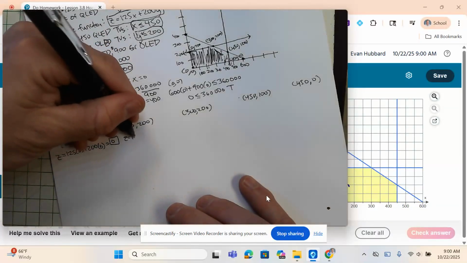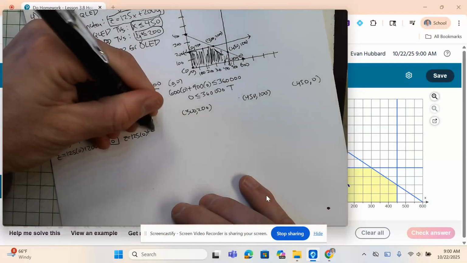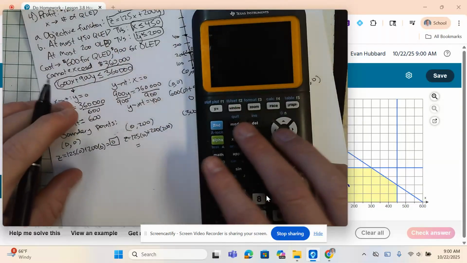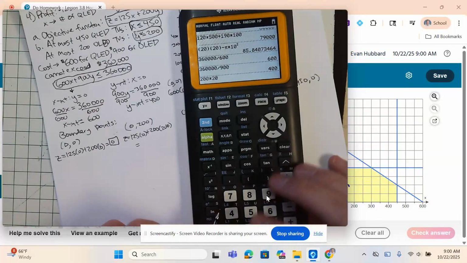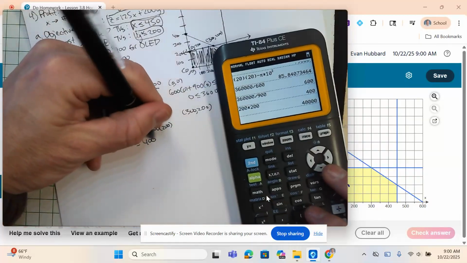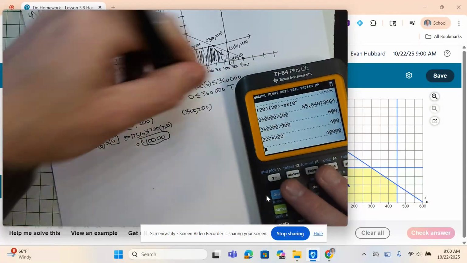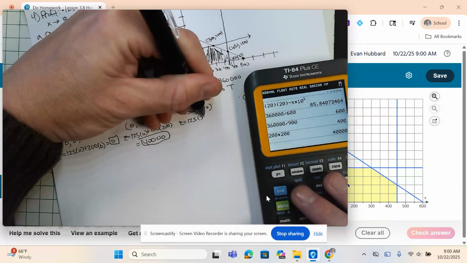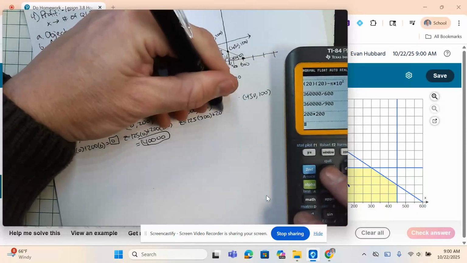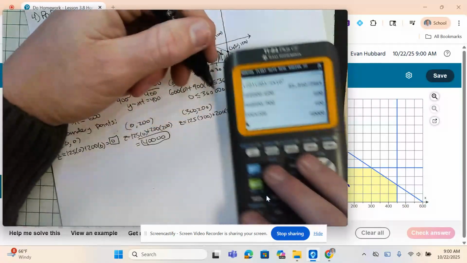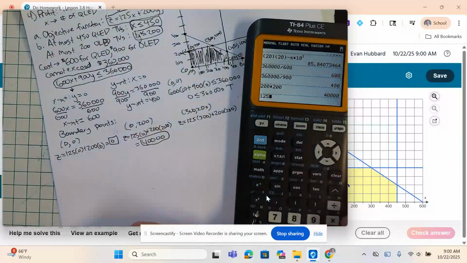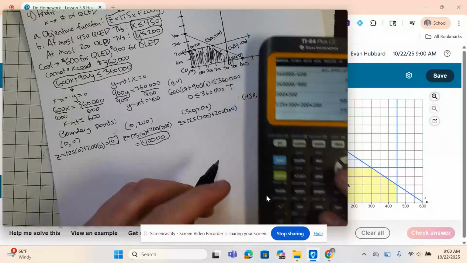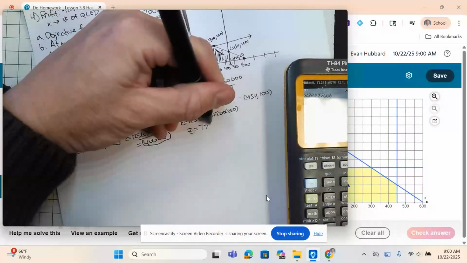Next, z equals 125 times 0 plus 200 times 200. That's 200 times 200, which is 40,000. Next one, 125 times 300 plus 200 times 200, which is 77,500.